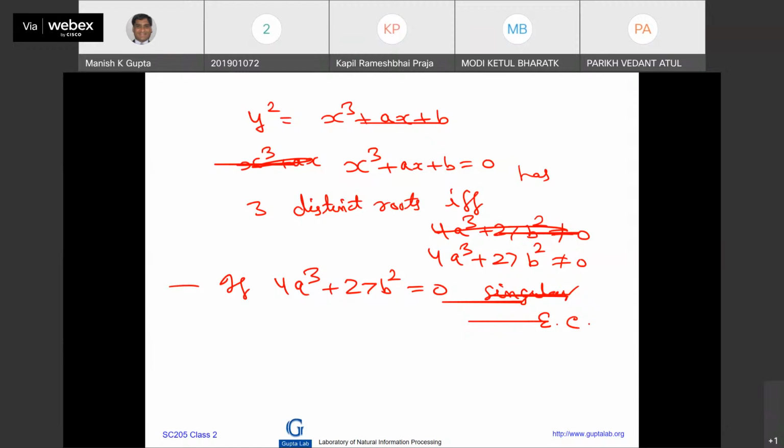Point at infinity, O, works as an identity element. So P plus O is equal to O plus P is equal to P for every point P on this elliptic curve. And existence of inverse element. If there is a point P, there is a point P inverse such that P plus P inverse is equal to O. So these kinds of properties are there in the elliptic curve.